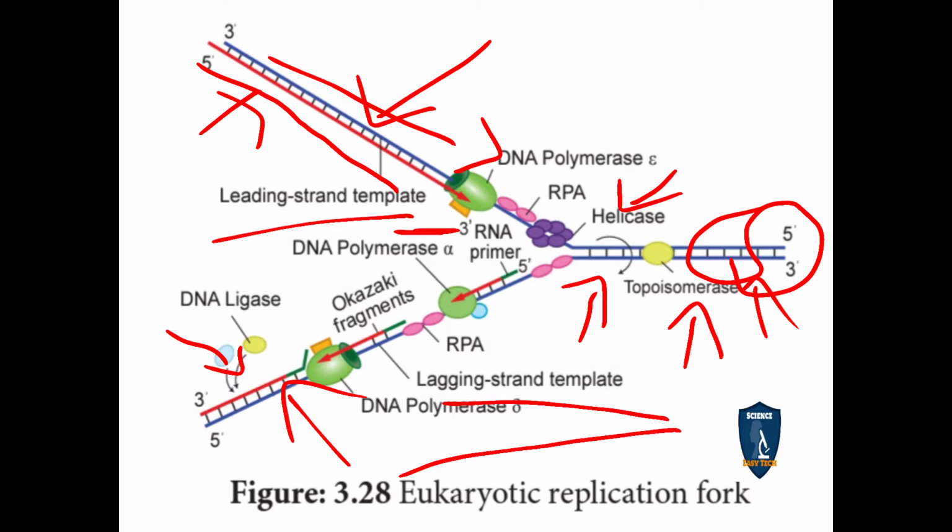On this side, in the lagging strand, it is discontinuous. You can see the segments of the RNA primer. It is discontinuous and is joined by DNA ligase, a paste enzyme. It joins the DNA fragments, which are called Okazaki fragments.